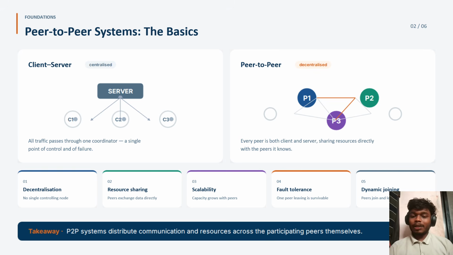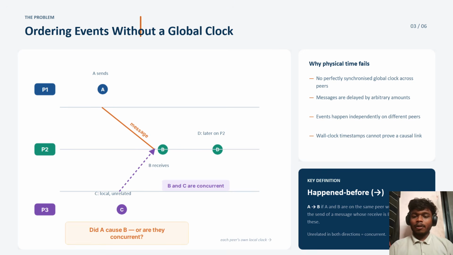This brings massive benefits like scalability and fault tolerance. If one node goes down, the system will survive. Decentralization removes the single point of failure, which leads directly to our main challenge. So those are the pure benefits of peer-to-peer systems. Then we can move forward to the next slide.